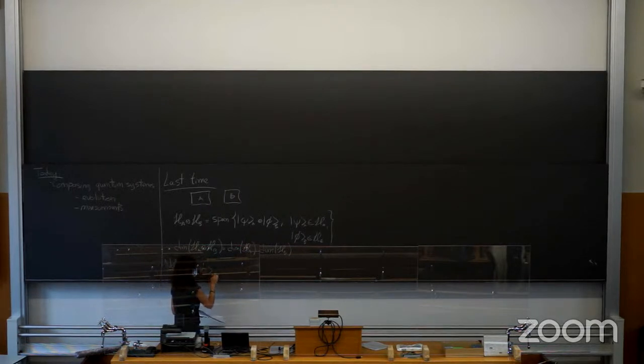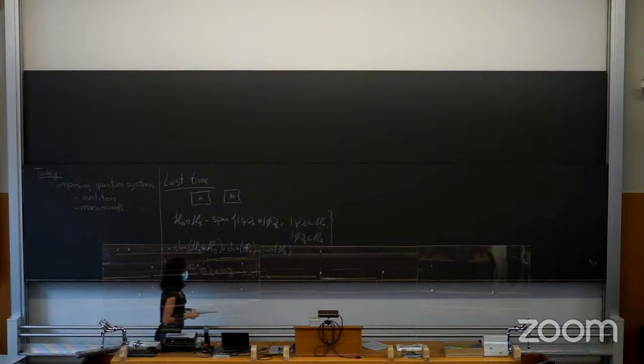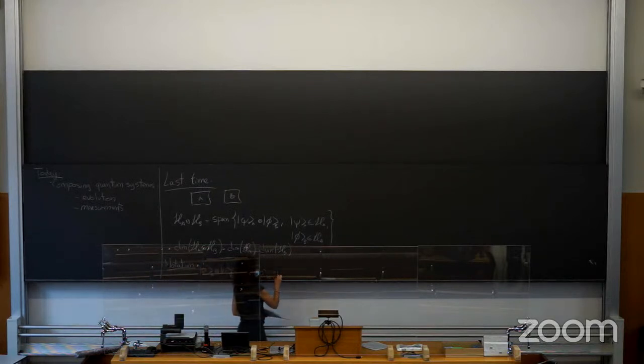So 0 in A, 0 in B. If it's obvious that we're talking about a tensor product, then I might just write 0 A, 0 B. And if it's obvious what the subsystems are, that it's always A and B, then I might write just 0, 0.